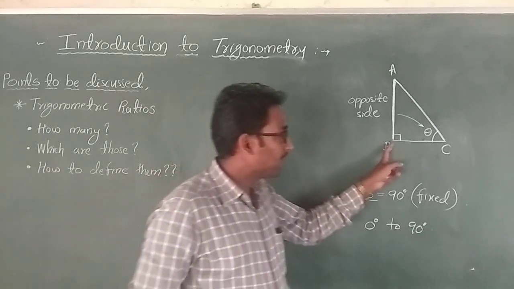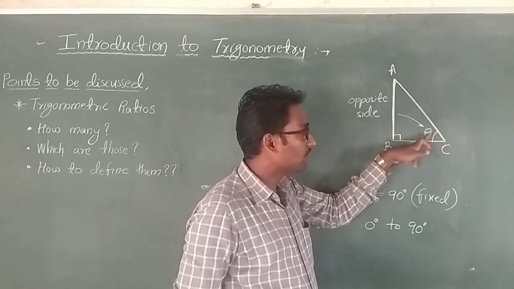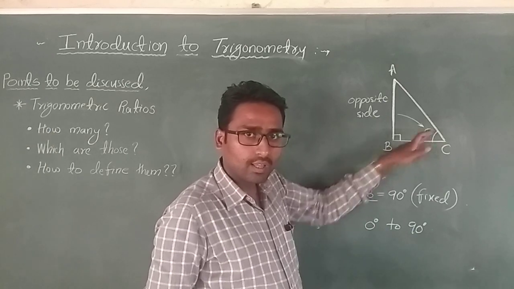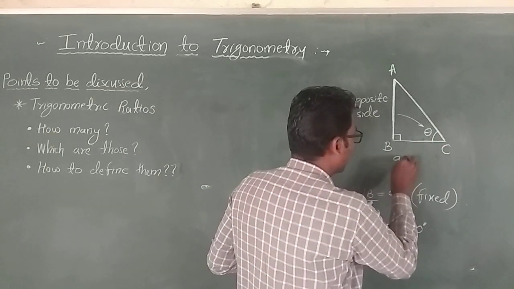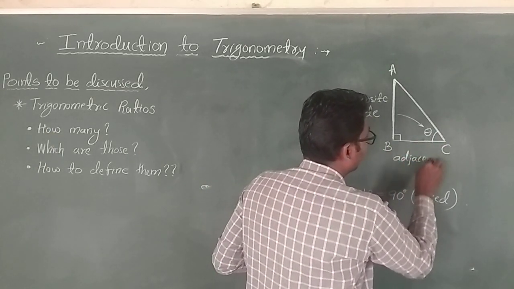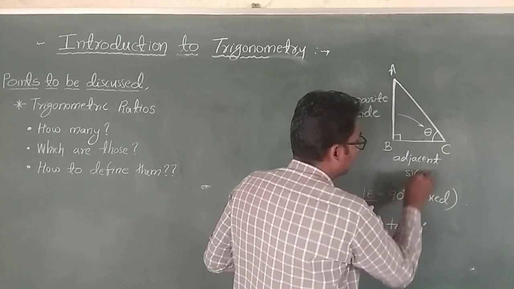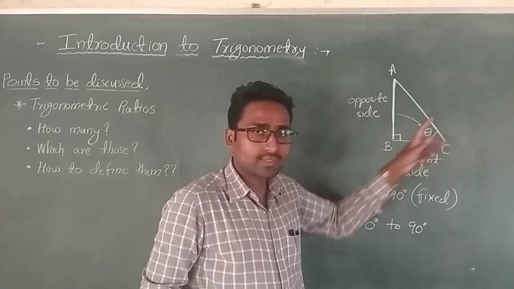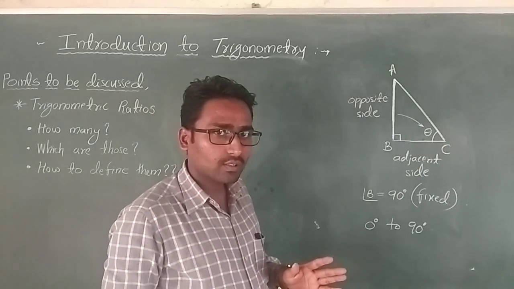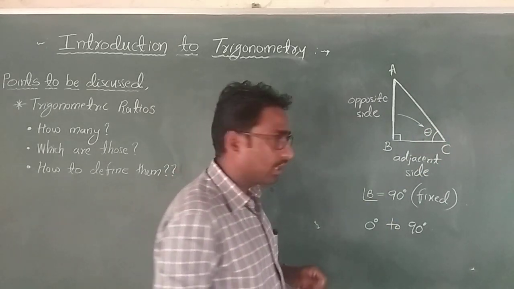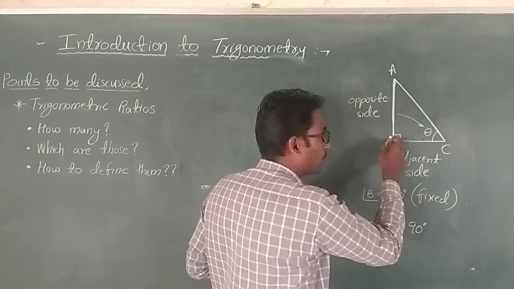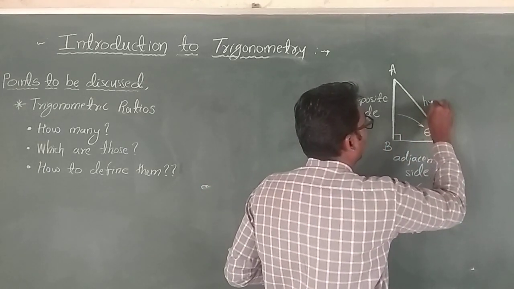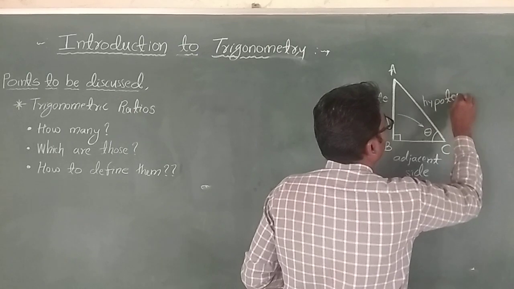Whereas the side BC is attached with angle theta, hence we call it the adjacent side. Now coming to the side AC, it is the longest side of the triangle and exactly opposite to 90 degree. Hence we call it the hypotenuse.